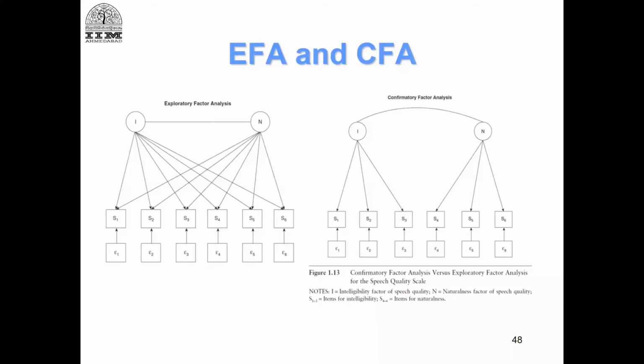So you had a theorization that S1, S2, S3 capture I, S4 to S6 capture N. Now you've got to empirically test that. So that is the difference between exploratory and confirmatory analysis.